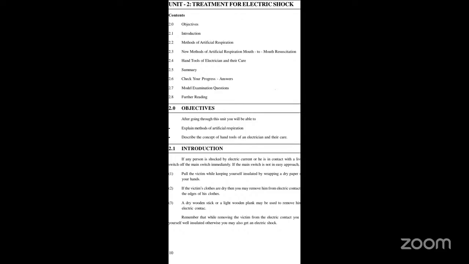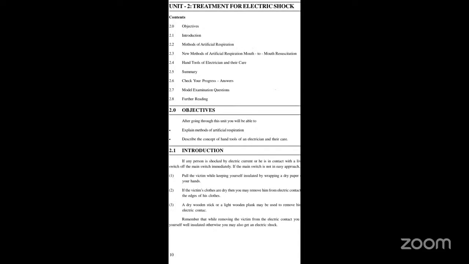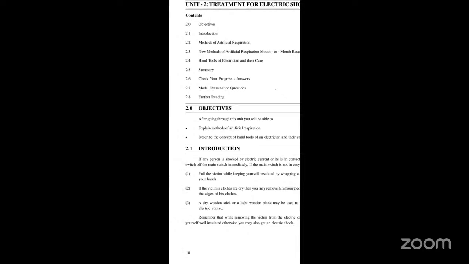Now, if a person is shocked by electric current or is in contact with a live line, switch off the main switch immediately. If the main switch is not easy to reach, pull the victim away while keeping yourself insulated by wrapping dry paper or cloth around your hands.